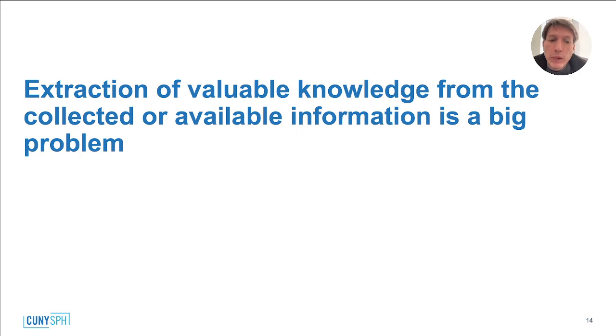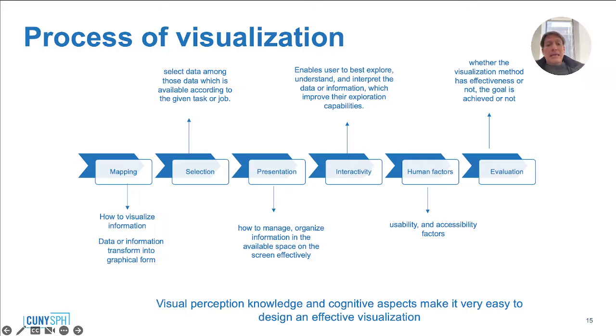Definitely we want to extract valuable knowledge from the data that we have collected and the information that is available to us. But this is a big problem. The way that this article presents it, and we have been talking about that, is that we need to have a clear mapping concept and activity. Basically we need to know how to visualize information and how we transform that information or data into a graphical representation.